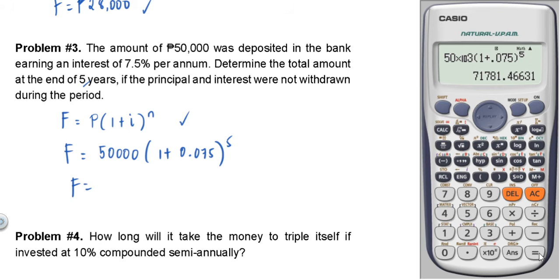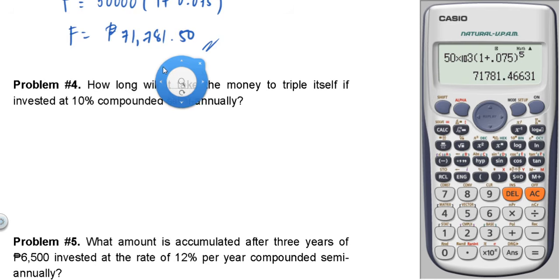There. Equals 71,781.50. Oh, pwede na yun. Tawad na yung konti. So 71,781 point 50. Yan na lang, round up na natin. So ito na yung answer natin. That is the total amount at the end of 5 years. Okay, so very basic.